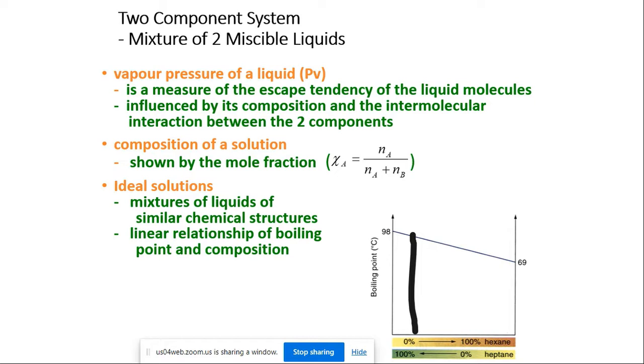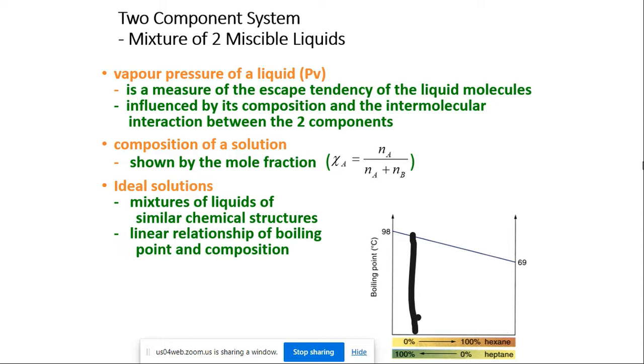For example, 20% hexane and the remaining 80% is heptane, right? Like that we can find out what type of fraction is there. So if we select this type of one, that mixture is different from 100% hexane or 100% heptane. That means that mixture's boiling point is not equal to the boiling point of 100% hexane or 100% heptane.